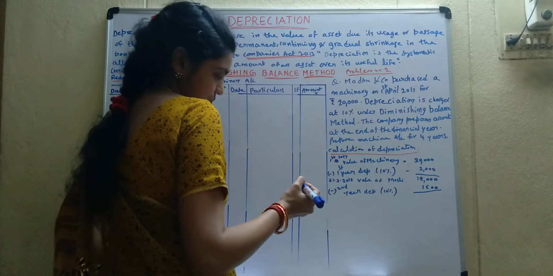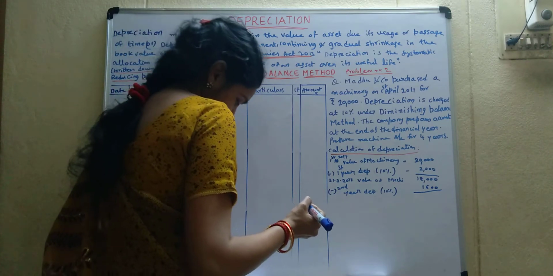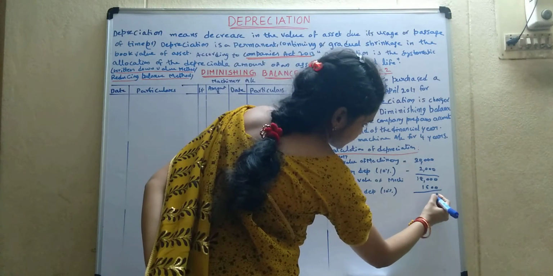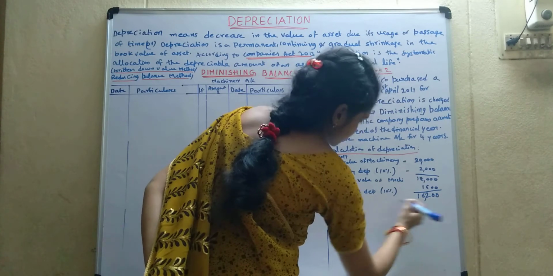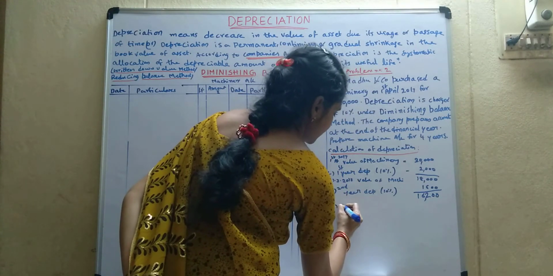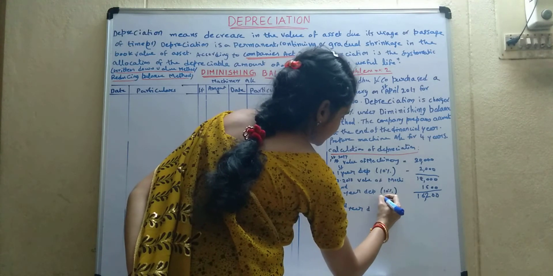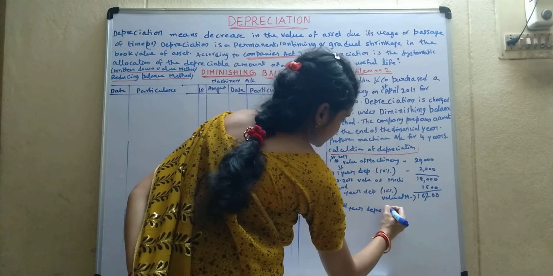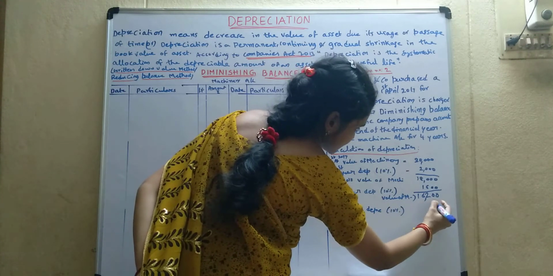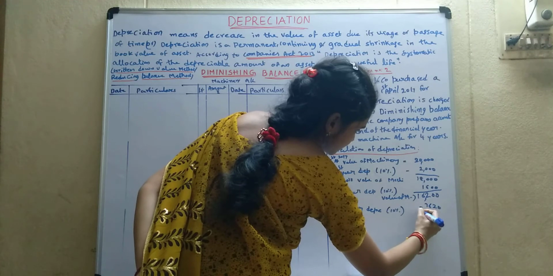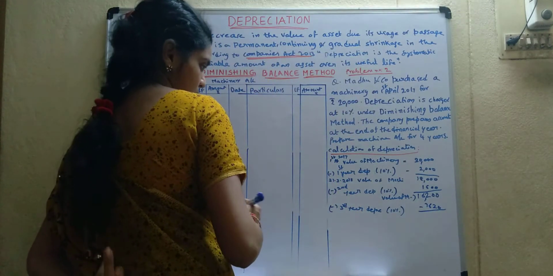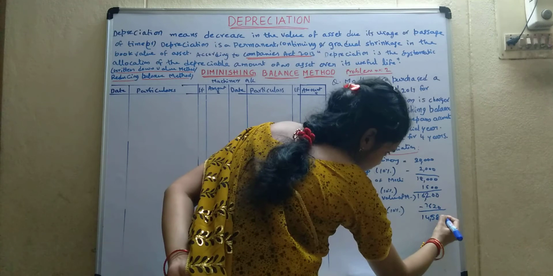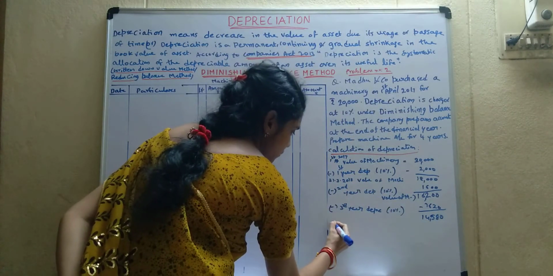Then what's the balance? And the third year, depreciation 1620. And coming to the fourth year.